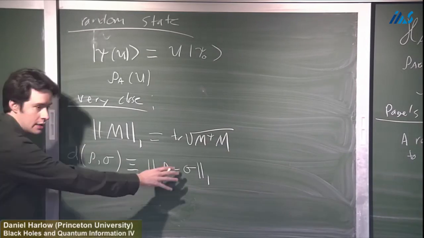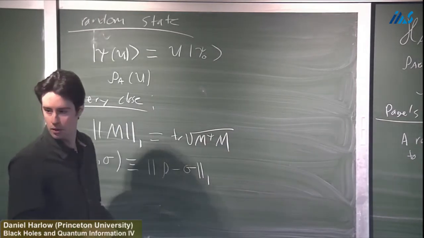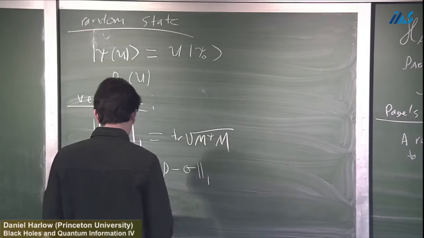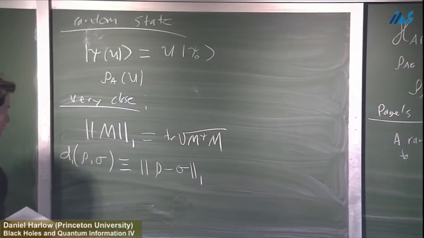So if this is less than epsilon, then they're really operationally close. I actually don't like to put the 1/2 there. I know some people do, but whether I call it epsilon or epsilon over 2 is irrelevant.